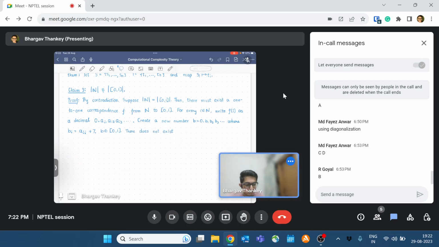I'm writing b in its decimal expansion. It's 0.b1, b2, b3, and so on. So bi is going to be a number between 0 and 9, right? I also wrote fi in its decimal expansion as 0.ai1, ai2, ai3, and so on. Right, you are right. I should have put mod 10.